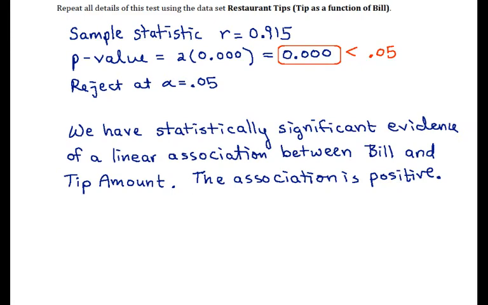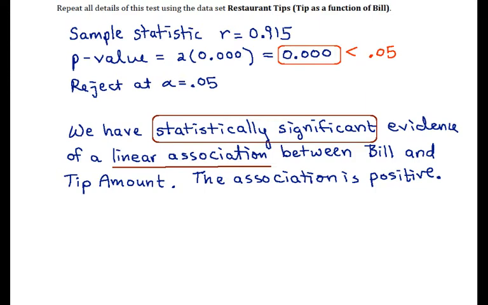I wrote that the association is positive as a second sentence just because really our alternative hypothesis is only for a linear association. So this is more of a side observation that we can make from our data. If we were not given a statistical significance level alpha, then instead of statistically significant evidence, we might just say overwhelming evidence.